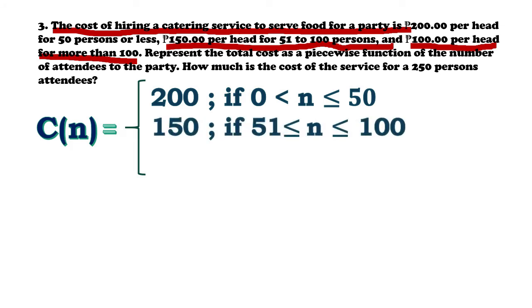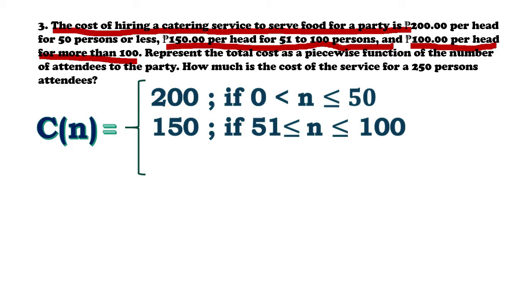150 pesos if n is greater than or equal to 51 but less than or equal to 100. So the service is 150 pesos per head if the number of attendees is greater than or equal to 51 but less than or equal to 100.